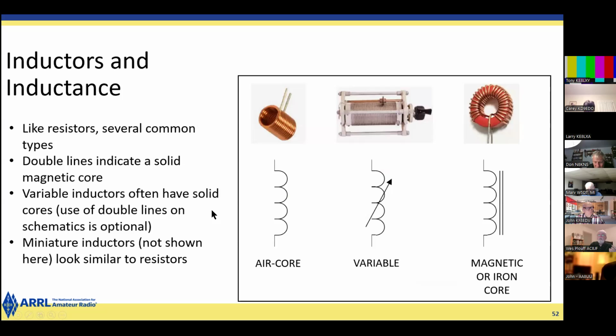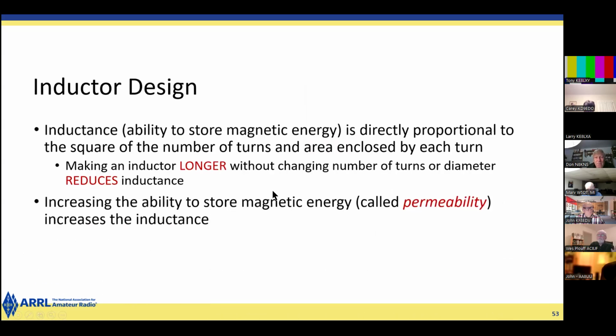So anyway, let's go back through this. The inductance, or the ability to generate a magnetic field or store magnetic energy, is directly proportional to the square of the number of turns and the area enclosed by each turn. So making an inductor longer, if you pull the turns apart, you reduce the inductance.